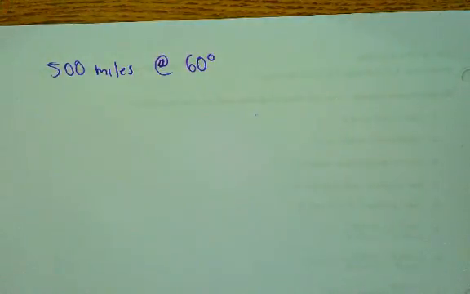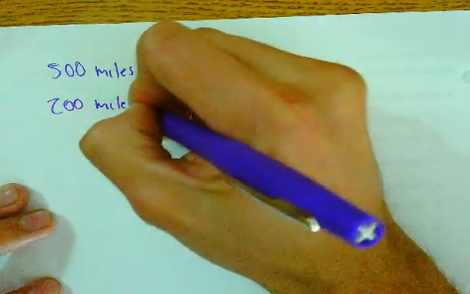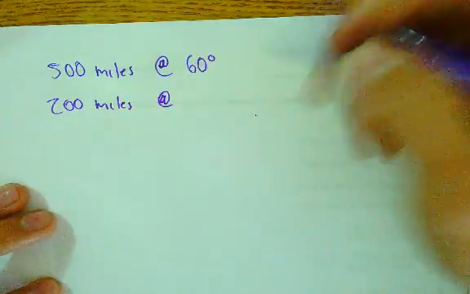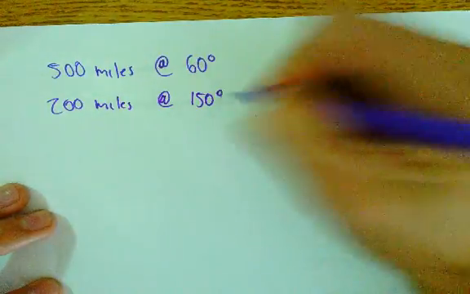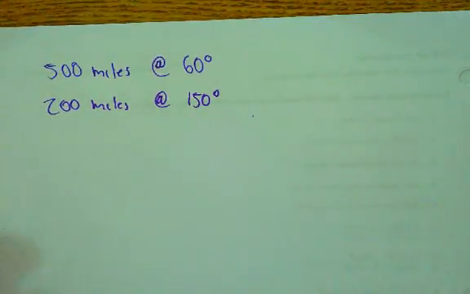Okay? So it flies at 500 miles, and then he has to change directions, and he flies another 200 miles at 150 degrees. I want you to sketch the position of the airplane after the 200 miles.